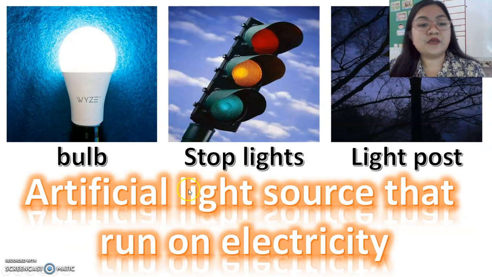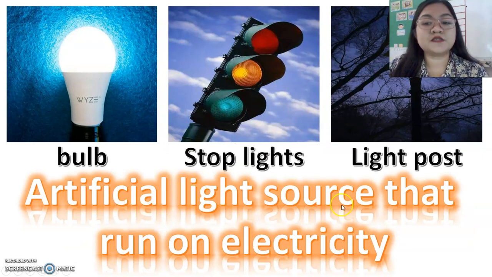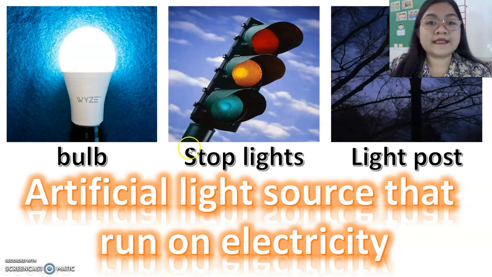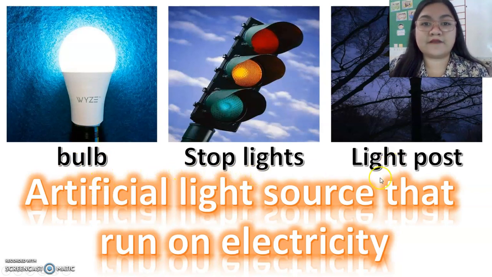And number three, we have artificial light source that runs on electricity. So we have lights that are made by man, but they run on electricity. So for example, we have bulb, stoplights, and light post.